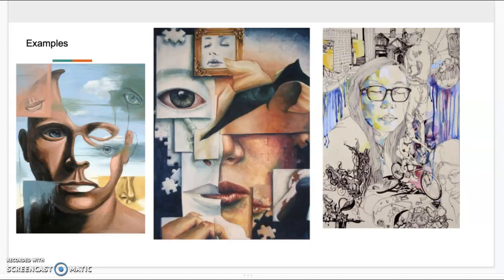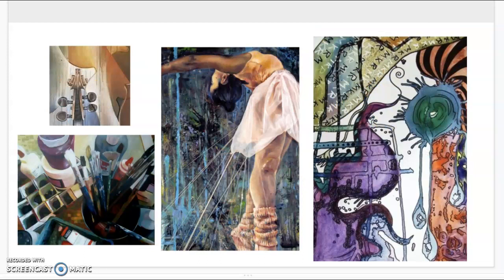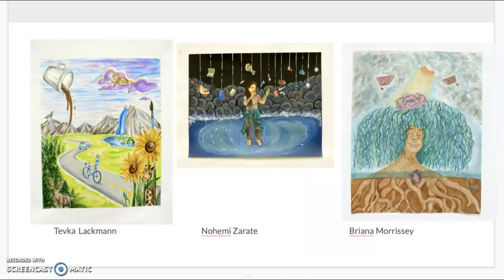Here are more examples of interesting faces. Faces including other things that represent you. So here are some more examples. Objects, activities. And here are some examples of previous student work from a previous year.